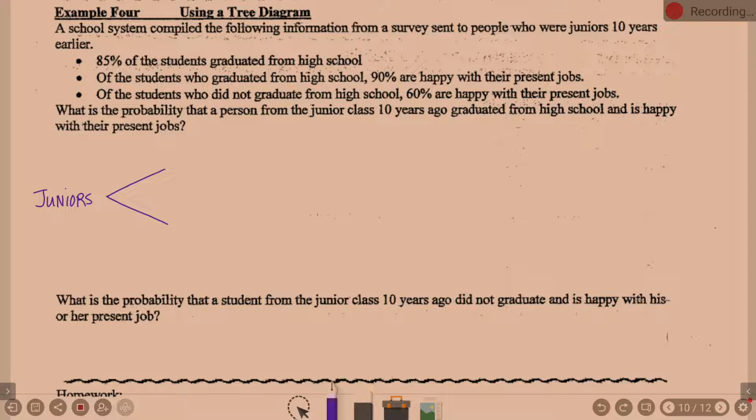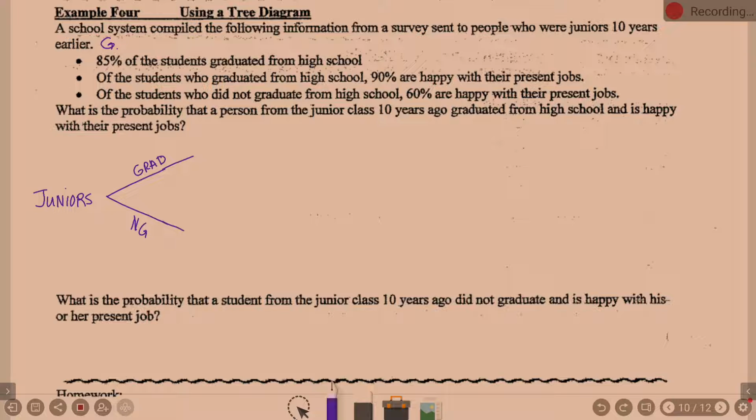Graduated. Okay, they either graduated or, I used NG for not graduated. Now, what was the percentage for graduated? That's the 85%.